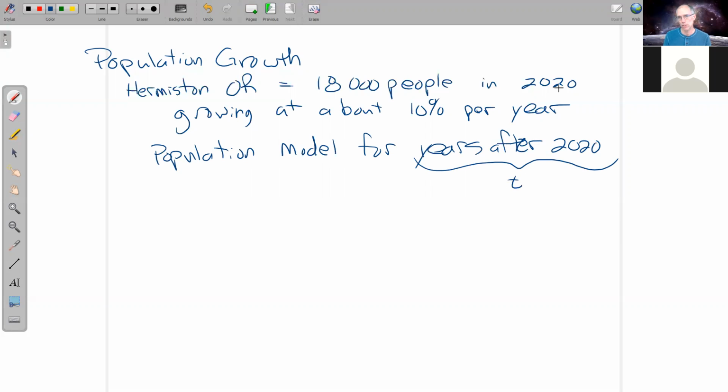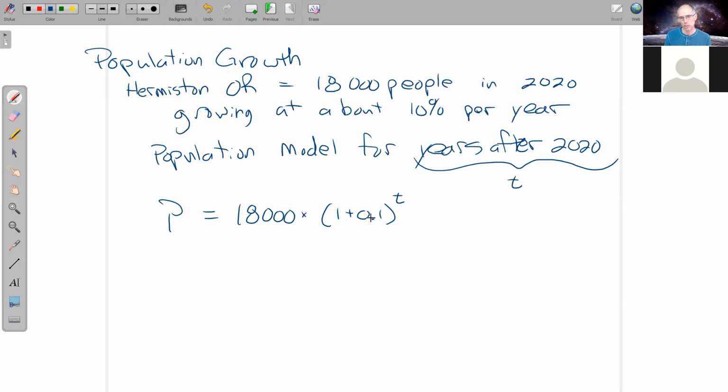So 2020 would be year 0, 2021 would be year 1, and so on. Then the population would start in 2020 at 18,000 people. We would multiply by 1 plus the growth rate, 10% is 0.1, and then raise to the power t, the number of years that's gone by.